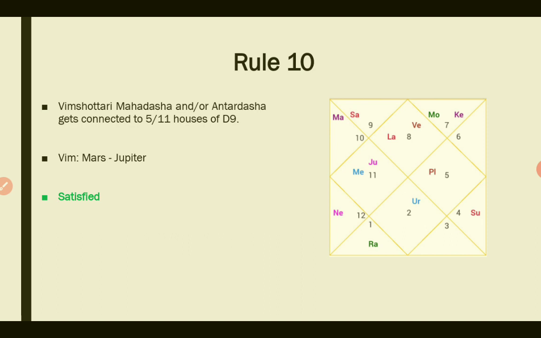Mars does not connect to the 11th house either. Now let us look at Jupiter. You see directly that Jupiter is the ruler of the 5th house of the D9. So we can say that the Antardasha is connected to the 5th house of the D9. Hence, this rule is also satisfied.